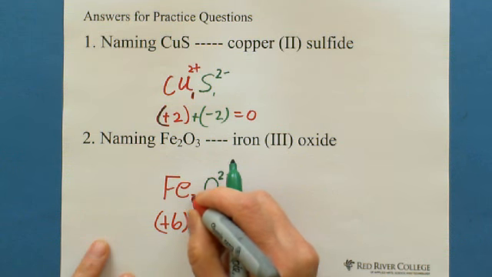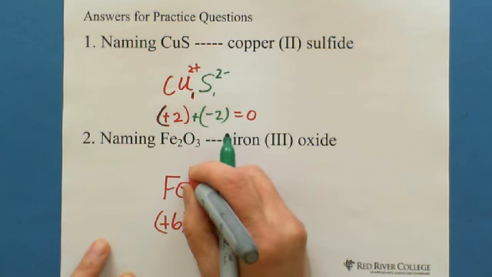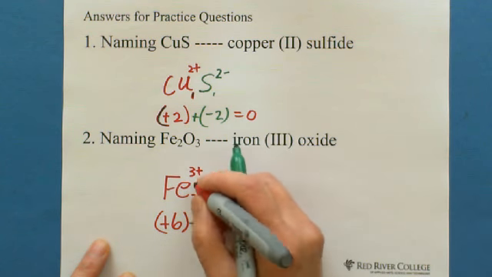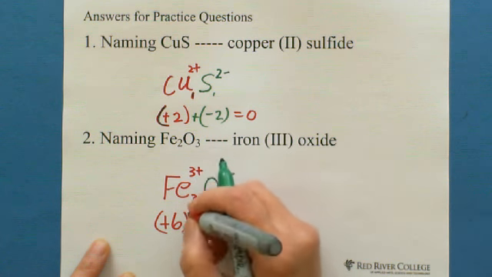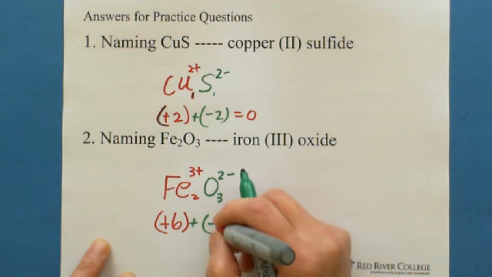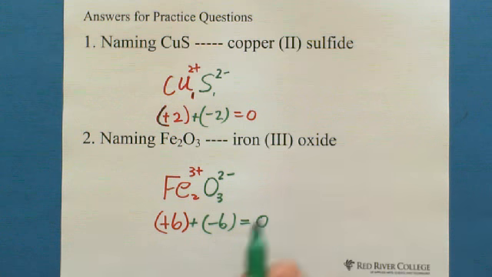Because there are 2 ions, each ion has to be +3. 2 ions, each one 3 positive, equals +6, and 3 ions for oxygen, each one 2 negative, equals -6, total equals 0. This is the first question and the second question.